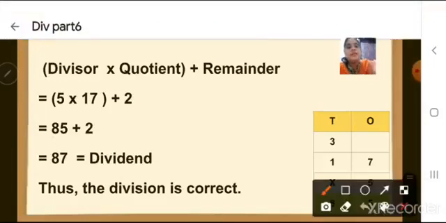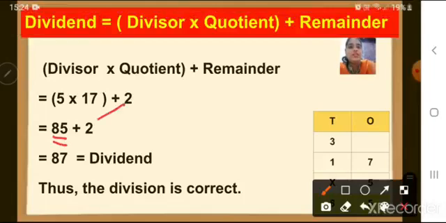So I'll write here number 85 plus 2. Okay. 85 plus 2 is 87, which is our dividend. Thus the division is correct. Got it children? Now note down.